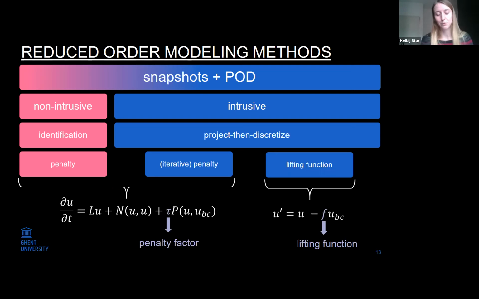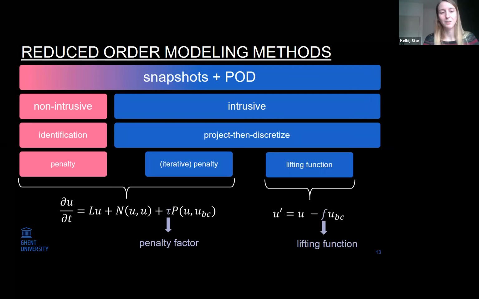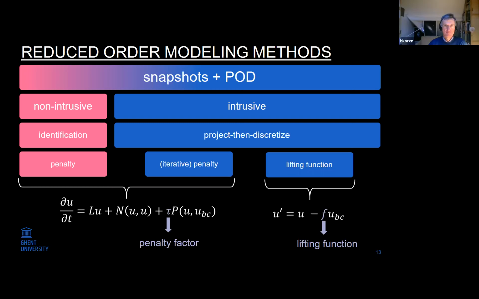Let's get back to the basics and see what we can do to, for example, not have to set a factor or come up with a function, because if you don't have to do that, it makes it more generic. It makes it more engineering proof as well. In the end, the results also become more accurate, because everything you have to tune yourself also introduces some additional error. And the reduced order models are quite sensitive to errors.